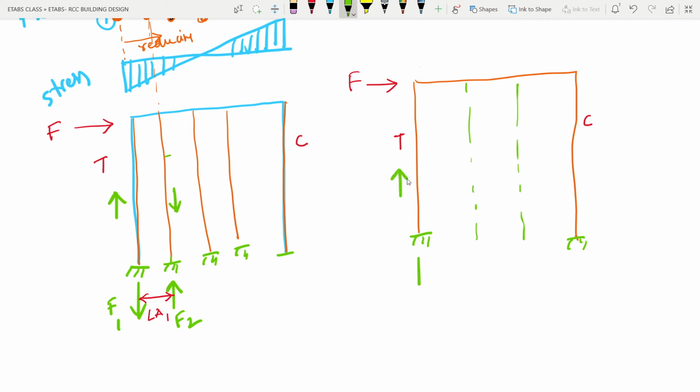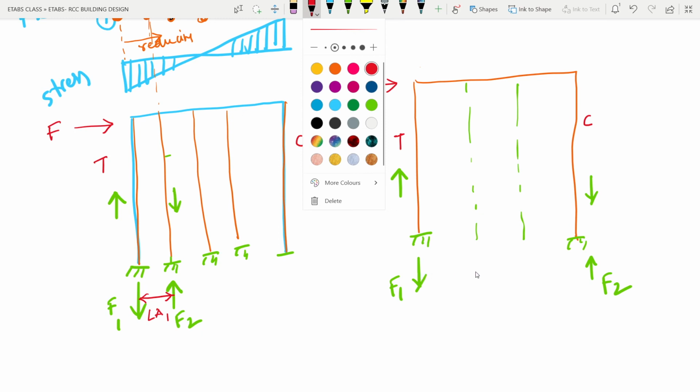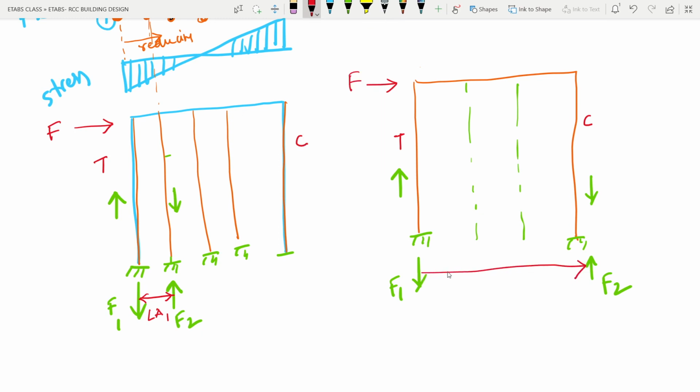Tension going up, so the reaction force will be going down, F1. Compression going down, resistant force going up, F2, and the lever arm between these two forces is LA2. So here we get LA2 greater than LA1. Obviously the system with the larger lever arm between the two forces will give higher resistance.